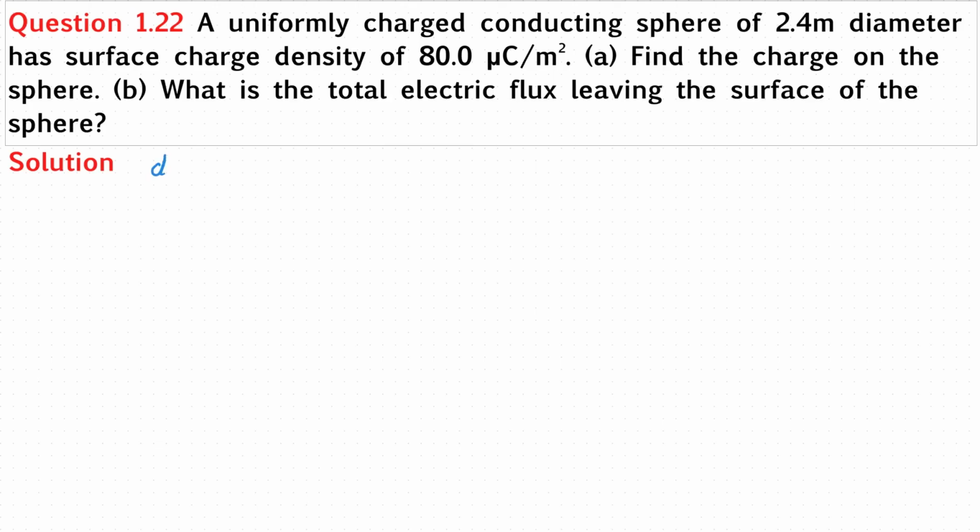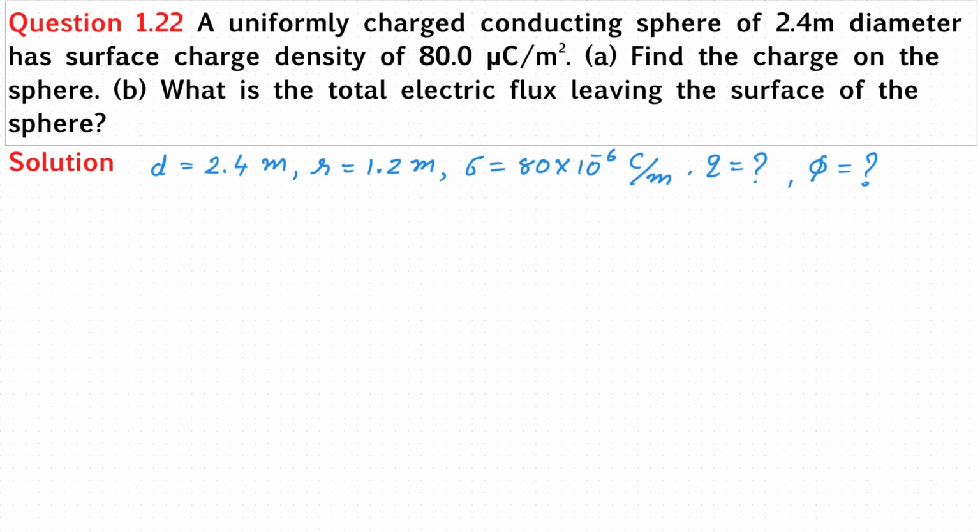The diameter D is 2.4 meter. So the radius R is 1.2 meter, and the surface charge density sigma is 80 microcoulomb per meter square. That means it is 80 × 10^-6 coulomb per meter square. And we need to find first the charge Q, and second the flux phi.